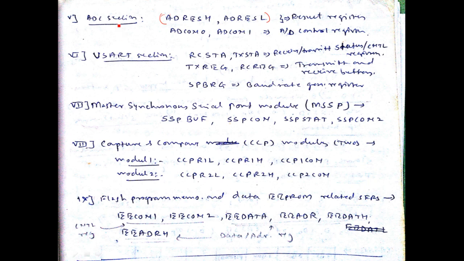Because it's a 10-bit ADC, the result cannot be stored in a single register. A single register is only 8-bit, and therefore 2 registers are provided, out of which 10 bits are used to store the result. There are some registers which can control the interrupt operation. So that's how there are different registers shown in this list, which are associated with different functional blocks.